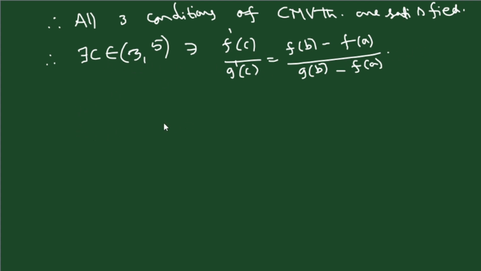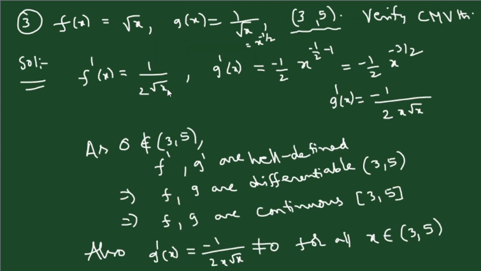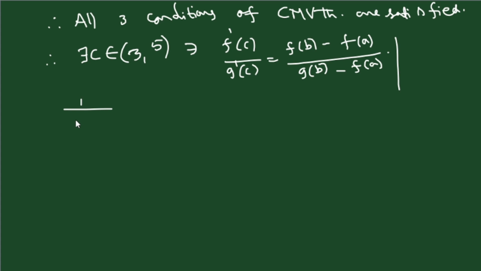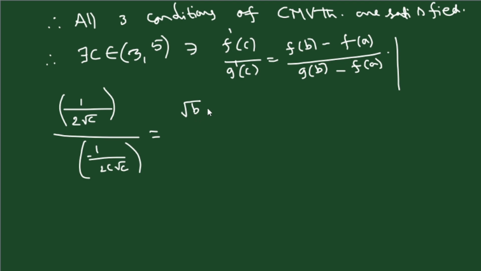So we need to find out such a c. So what is f dash c? f of x is root x. f dash x is 1 by 2 root x. g dash x is minus 1 by 2x root x. So f dash c is 1 by 2 root c. g dash c is minus 1 by 2c root c. f b is root b minus root a. f b minus f a by g b minus g a, 1 by root b minus 1 by root a, because g of x is 1 by root x.